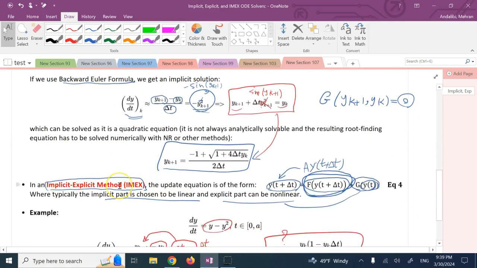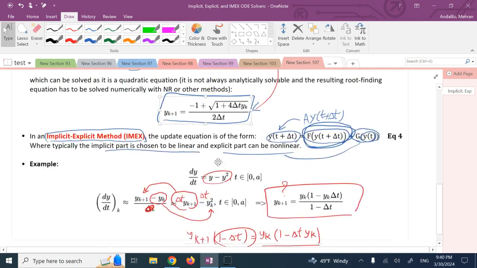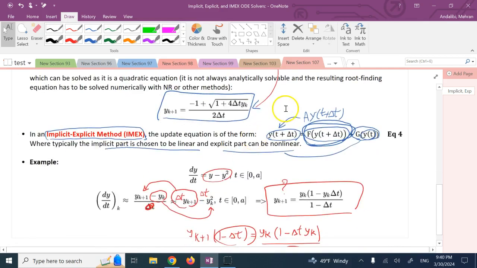These implicit-explicit methods bring in the implicit parts, so we can still use them for solving stiff ODEs, yet they do not need much numerical root finding, because the implicit part is linear, so we can turn that numerical root finding into a simple analytic formula like that.